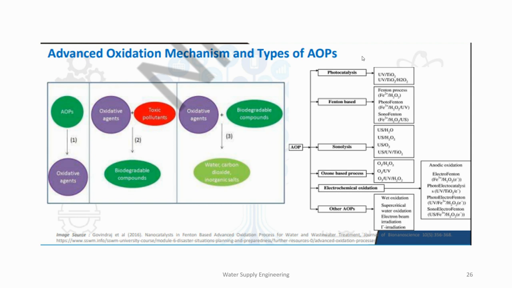The advanced oxidation mechanisms and types are as given in the chart. It consists of photocatalysis, Fenton based, sonolysis, ozone based process, and electrochemical oxidation, which includes anodic oxidation, electro-Fenton, photoelectrocatalysis, photoelectro-Fenton, etc. These are all different kinds of advanced oxidation mechanisms.